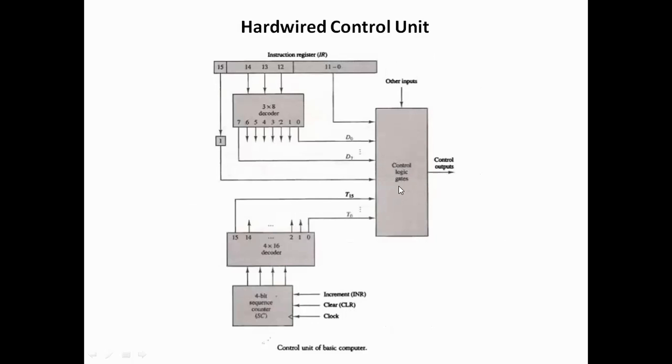Right? This is how the organization is done. So there will be an AND gate here, because the AND of D3 and T4 will be 1. So 1 will go here and this will be cleared. So the next clock pulse will not be T5, it will be T0.